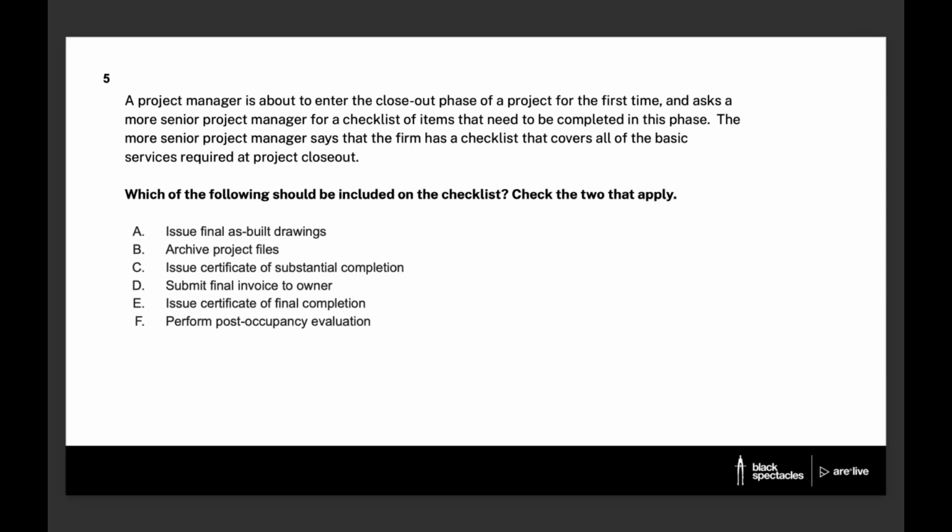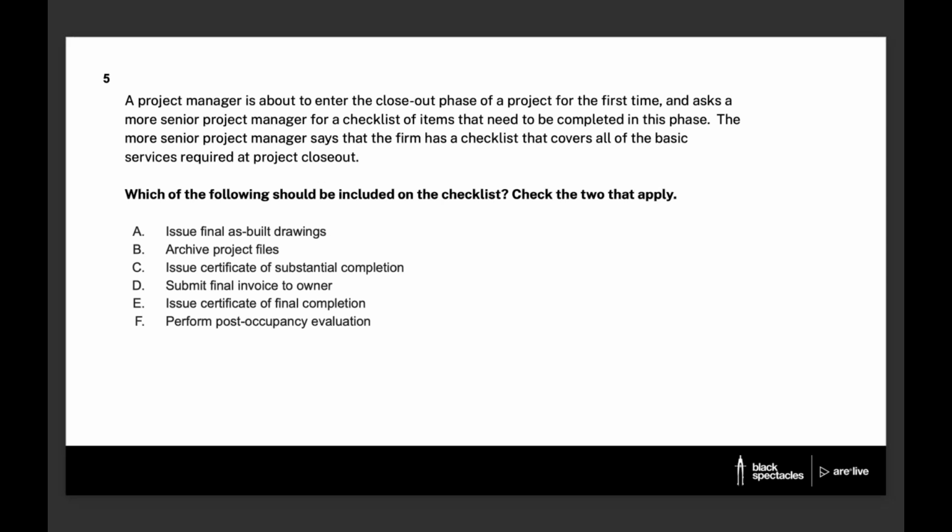Choice E, issue a certificate of final completion. This is a trick answer because no such thing exists. This is a common misconception. Final completion is not the same as substantial completion in that the architect does not issue the certificate saying that the project is finally complete. It's kind of a liability thing.